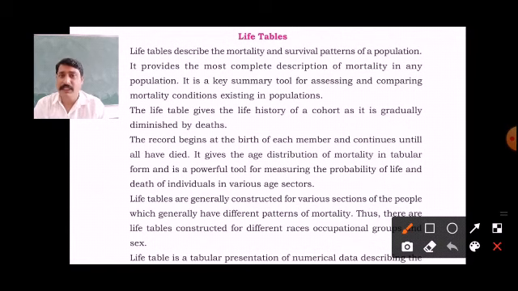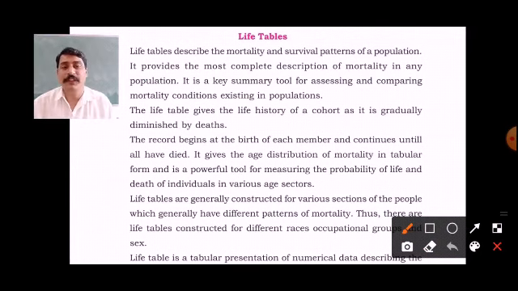So this table studies how the babies who are born are surviving, and how long they are surviving. We put all persons who were born at the same time in one table, whose mortality conditions are the same. So what is this life table?